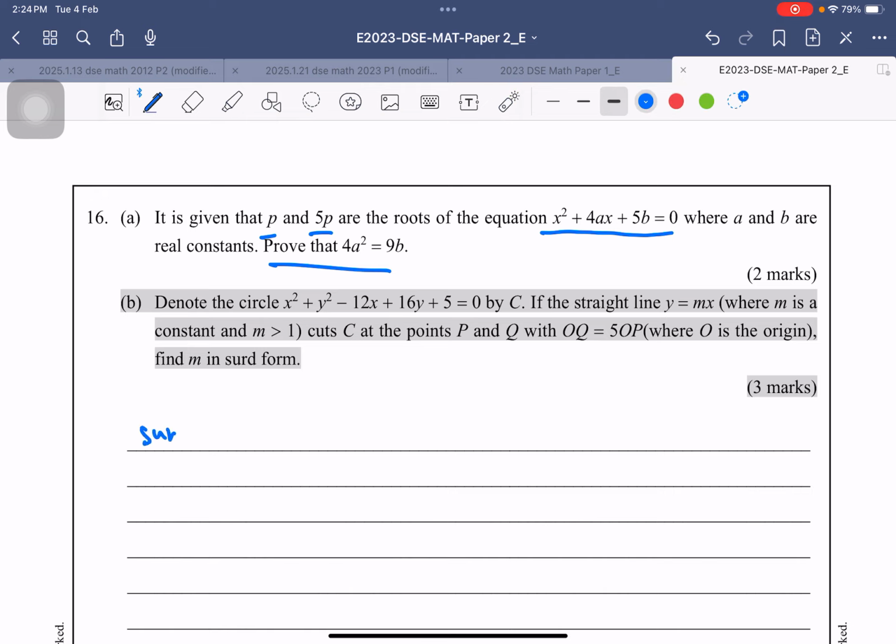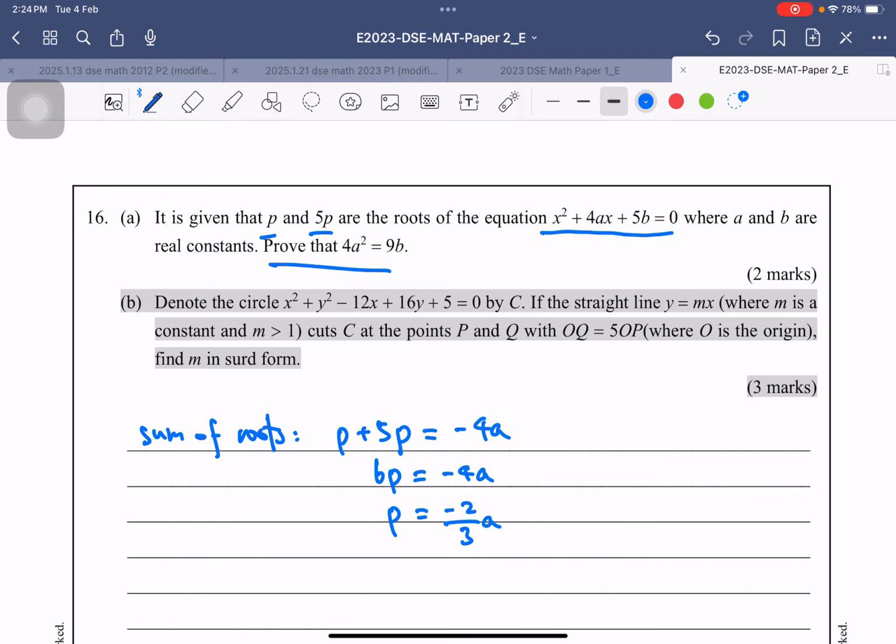So by using the sum of roots, p plus 5p is equal to negative 4a. So we have 6p is equal to negative 4a. Make p the subject, we have p equals negative 2 over 3 a.